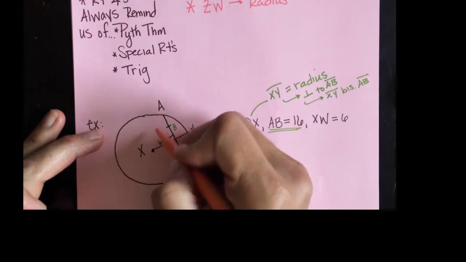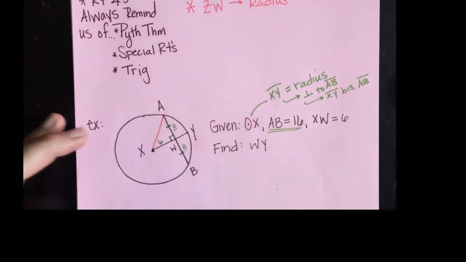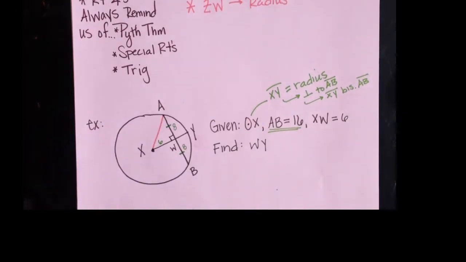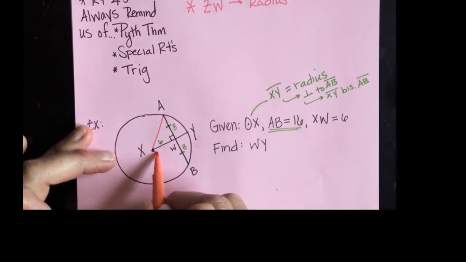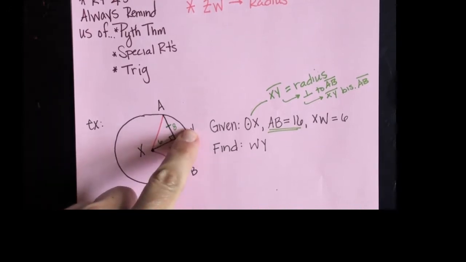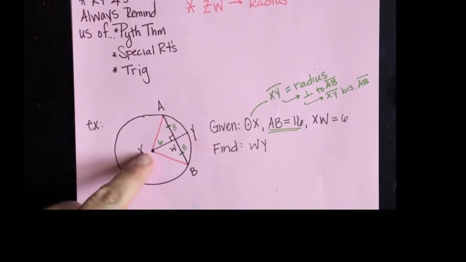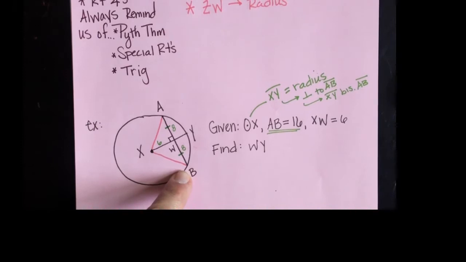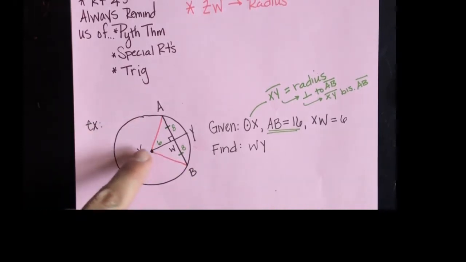But what I do know for a fact is that XA is a radius. XB is a radius. XY is a radius. So I'm going to draw in the rest of my radii because there's an infinite number of radii that I could draw in.